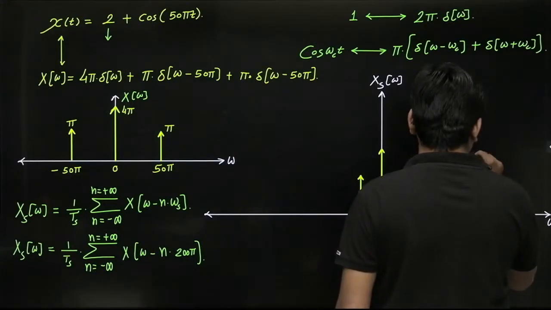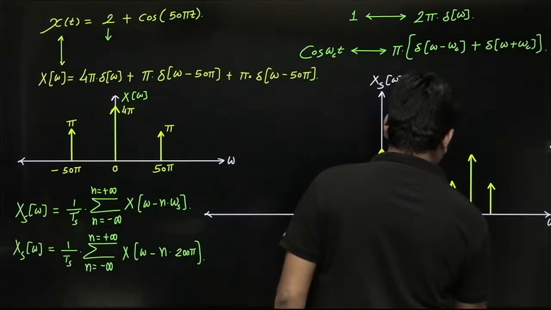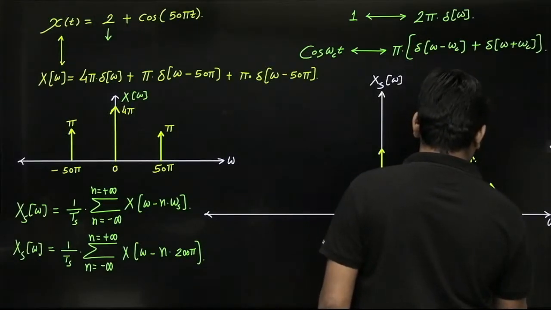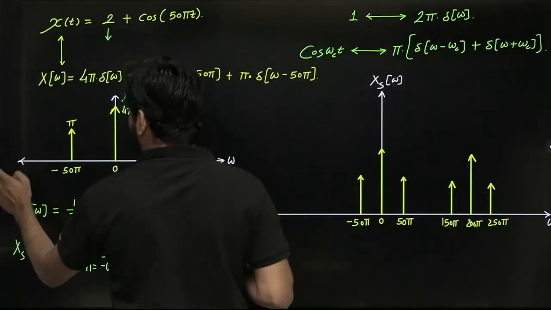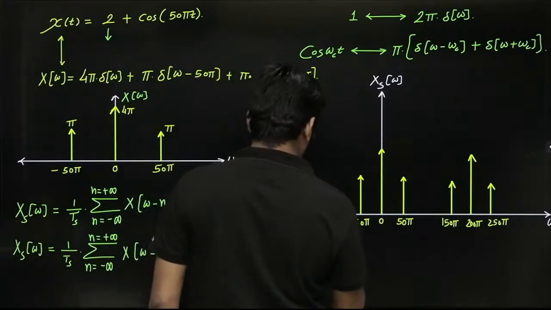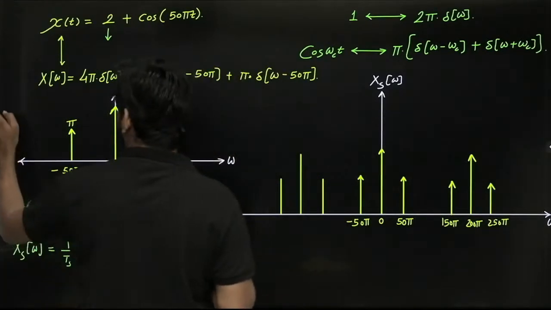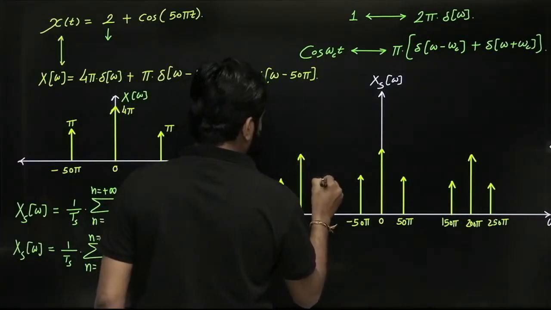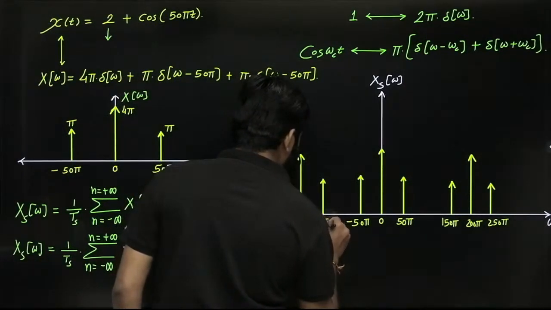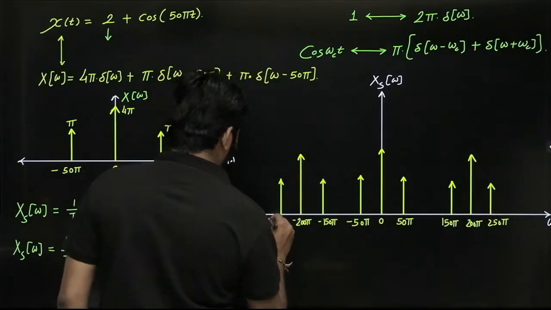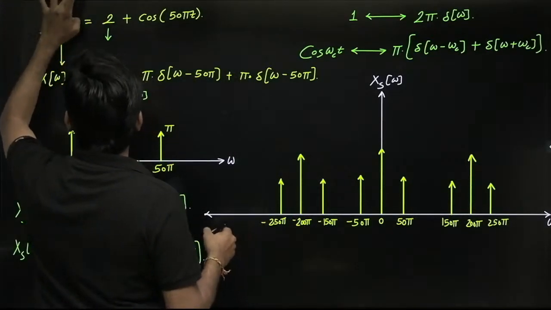As this is an even function, the same thing holds for the left side, for n equal to minus 1: minus 150 pi, minus 200 pi, and minus 250 pi, and so on. It will be periodic.